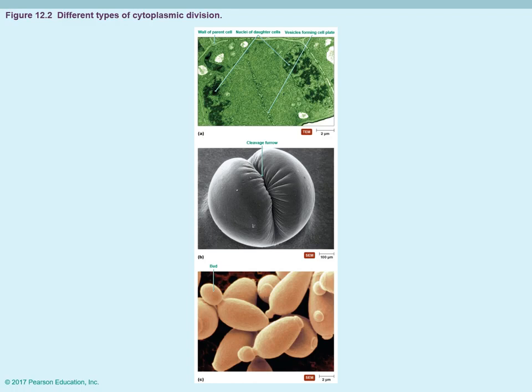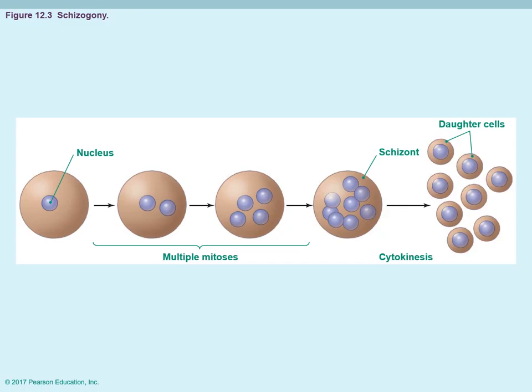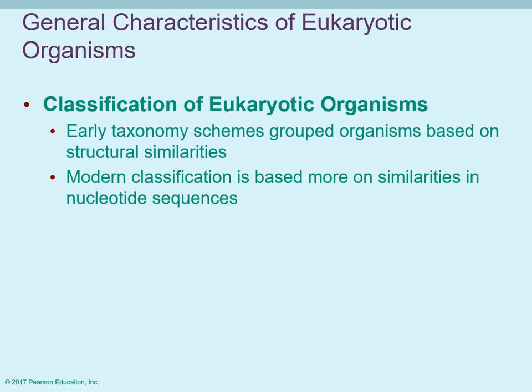This is just showing different types of cytoplasmic division that may occur. And sometimes what happens is you can have, like I said, multiple mitosis without the cytokinesis. So you do end up with multiple nuclei, and then all at once cytokinesis will occur, releasing all of these daughter cells at once. It just depends on which organism you're talking about.